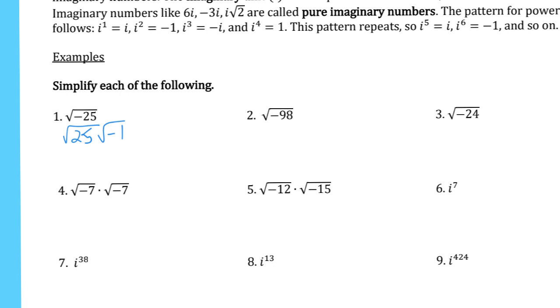Those are factors of the square root of negative 25, and that would be 5 times the square root of negative 1, which we call i. So we will let i represent the square root of negative 1, just like pi represents 3.14.